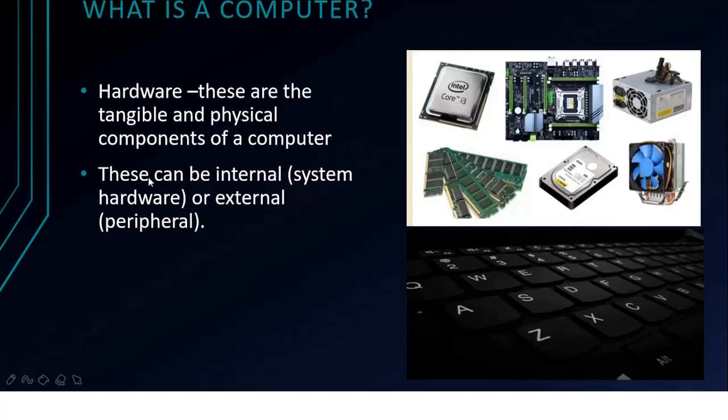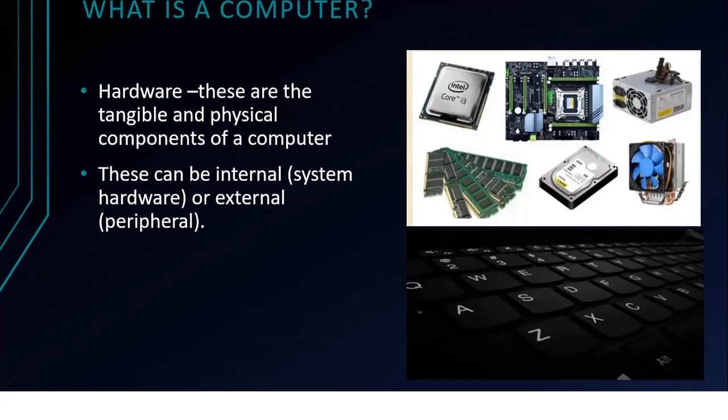We are talking about elements like the RAM, the hard drive, the processor, the mouse, the keyboard, to mention a few. As you would have already seen, some hardware components are inside the computer, whilst others are outside. The inside hardware components, like the RAM and the processor etc., are termed system hardware, whilst the external components, like keyboard and mouse, are termed peripherals of the computer.